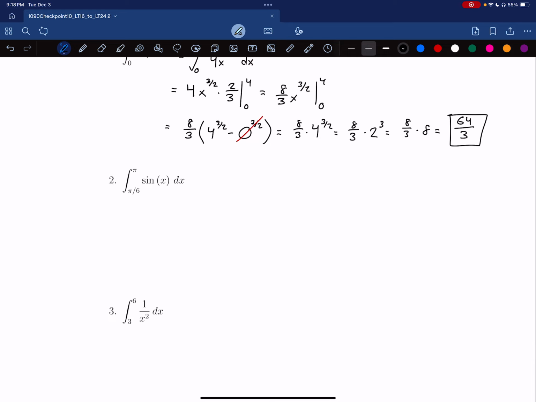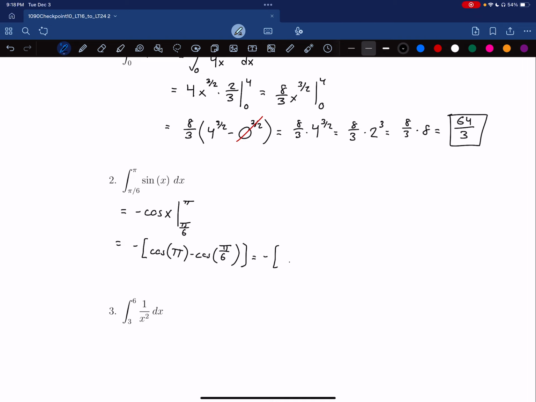Okay, now number 2. Got a trig integral. Not too bad. Antiderivative of sine is going to be negative cosine. And our bounds are from pi over 6 to pi. So I'm going to take that negative out in front again. It's a constant coefficient. I'll have cosine of pi minus cosine of pi over 6. We'll use that top bound first and subtract away the bottom bound plugged in.